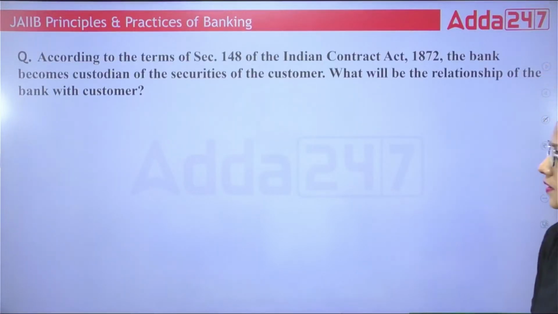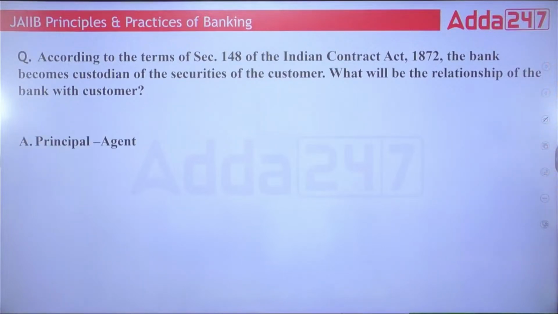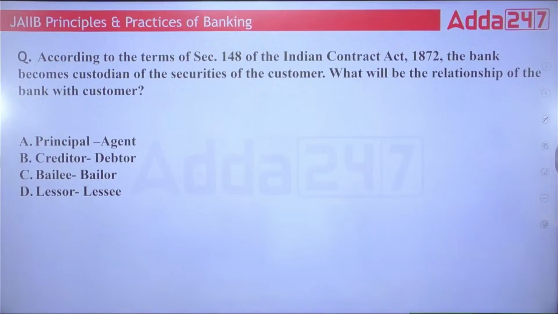According to the terms of Section 148 of the Indian Contract Act 1872, the bank becomes custodian of the securities of the customer. What will be the relationship of the bank with the customer? Principal agent, creditor debtor, bailee bailor, or lessor lessee?